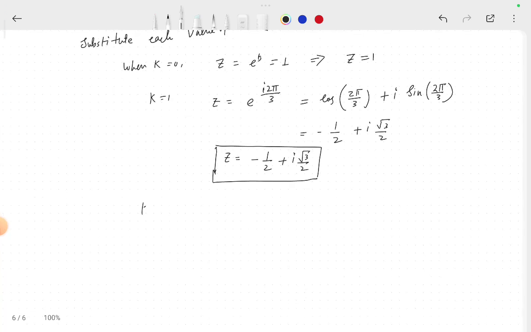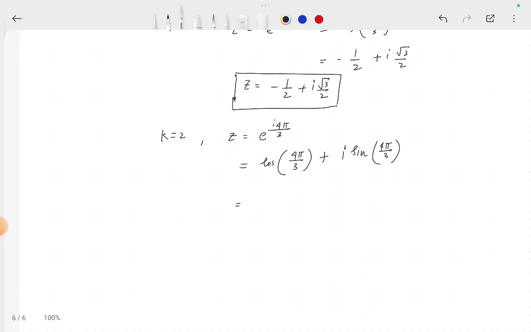Again, when k equals 2, then z equals e to the power i 4π upon 3, which is cos 4π/3 plus i sin 4π/3. Cos 4π/3 is again minus 1/2, and sin 4π/3 is minus root 3 by 2.